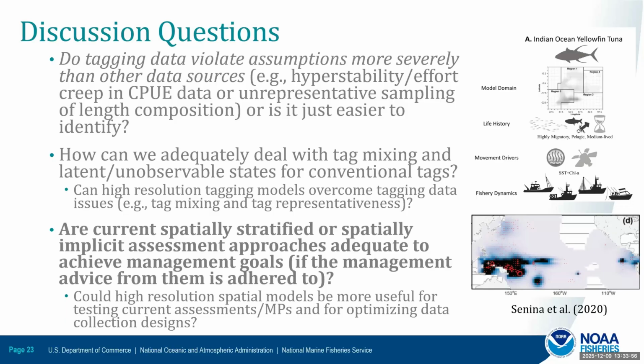The second thing, which you also alluded to, is that by having more spatially explicit assessment models that incorporate all these other kinds of data, we're going to be able to produce management advice about spatially explicit management practices, which generally we don't for the most part.